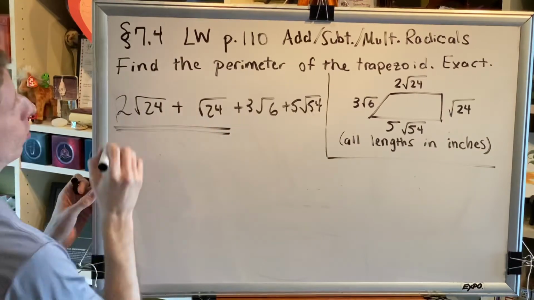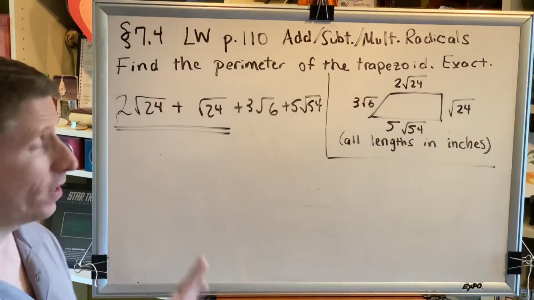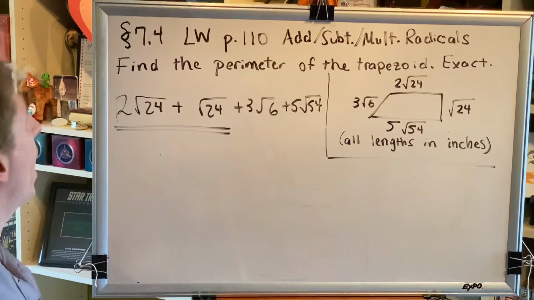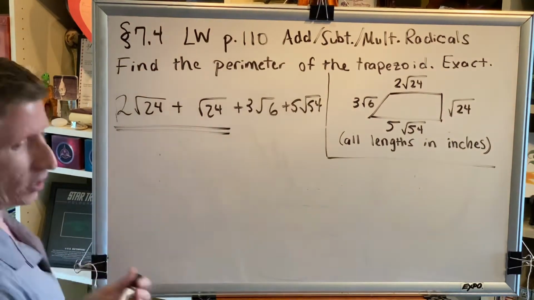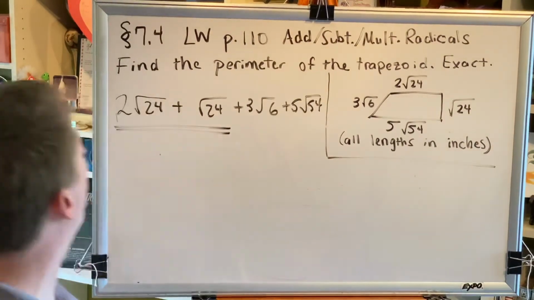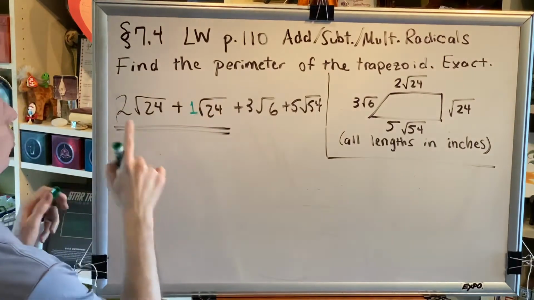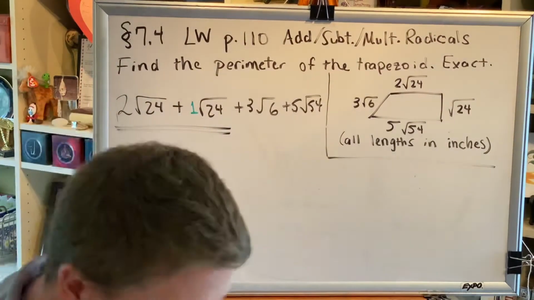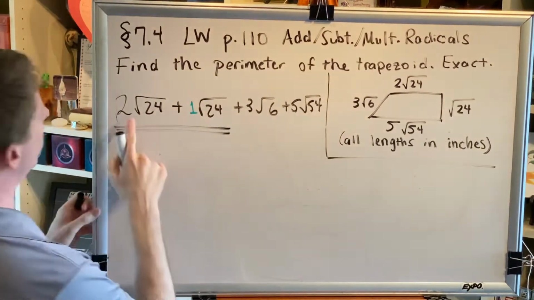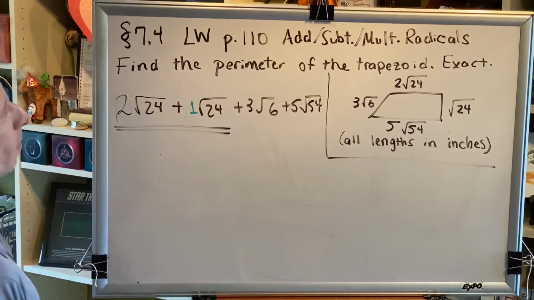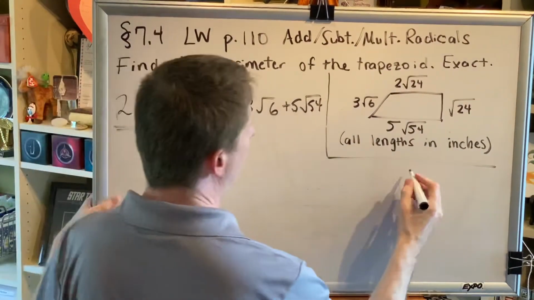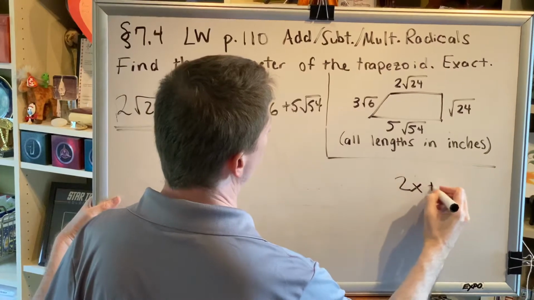These are the only two like radicals, as of this moment, the way these are written, that we have in our problem. And the coefficient of this radical right here is a hidden 1. So this is 2 root 24 plus 1 root 24. So we can combine those just like we were combining things in algebra. If I said, hey students, what's 2x plus x?